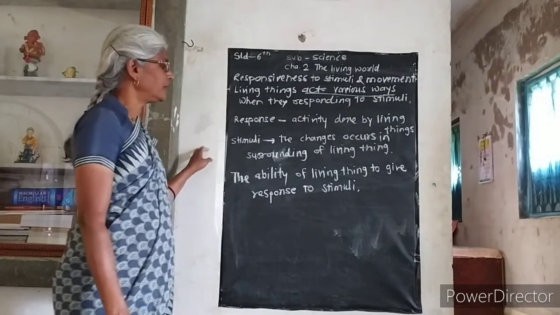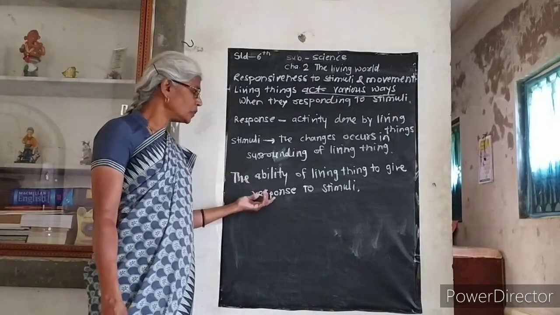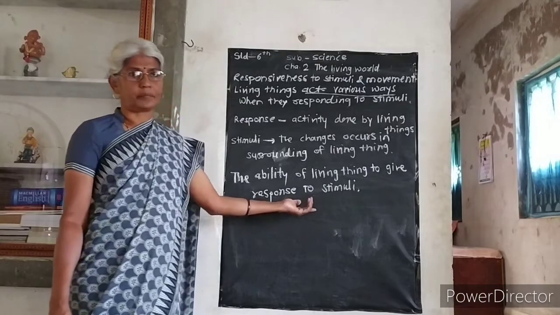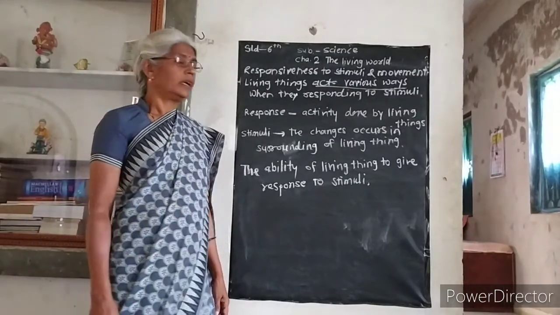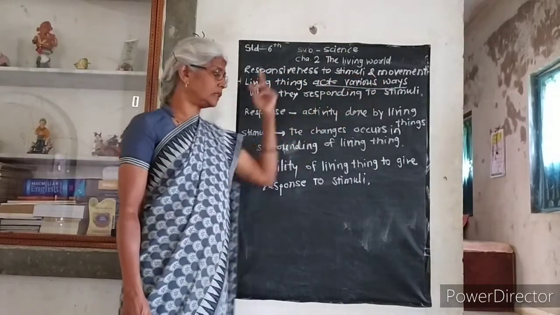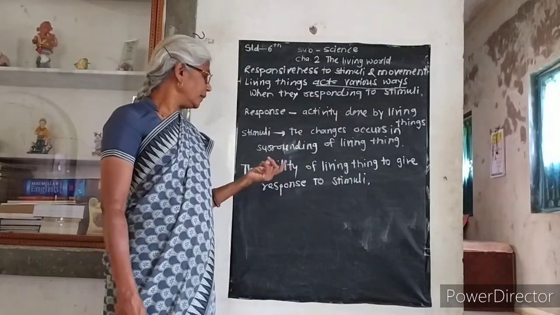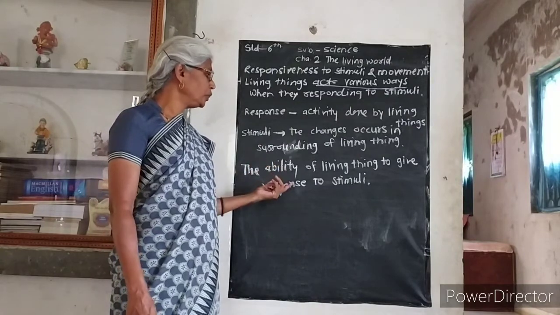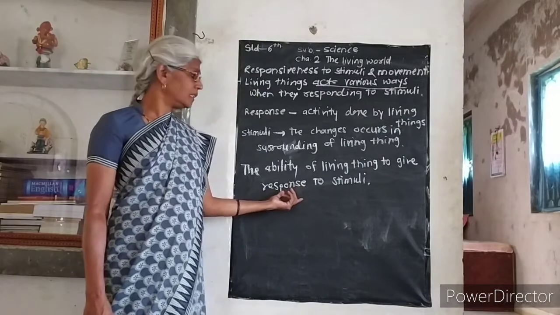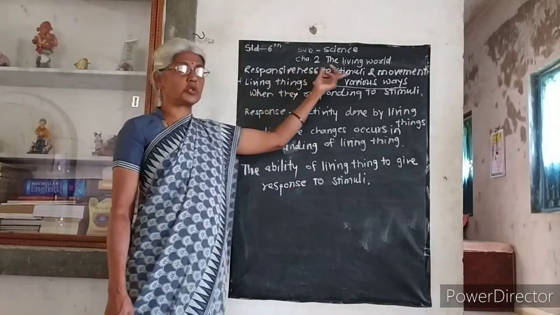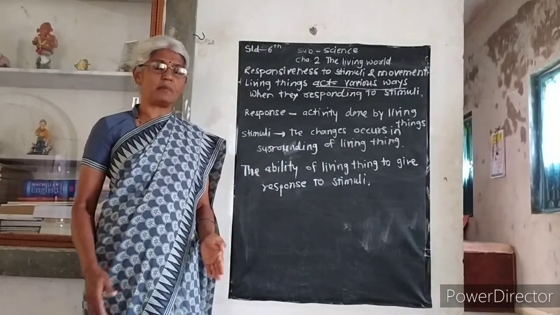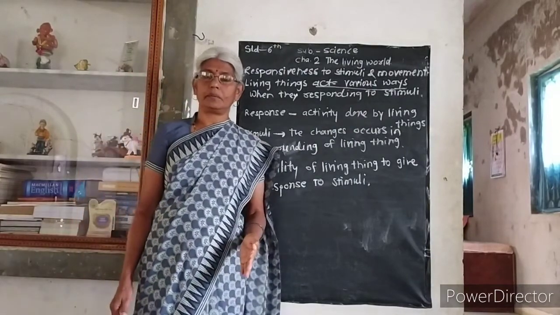Plants as well as animals respond to various stimuli in the surroundings. Then we learn about responsiveness to stimuli and movements. Every living thing has the ability to give a response to stimuli. To clarify this definition of responsiveness to stimuli and movement, we see some examples in our day-to-day life.